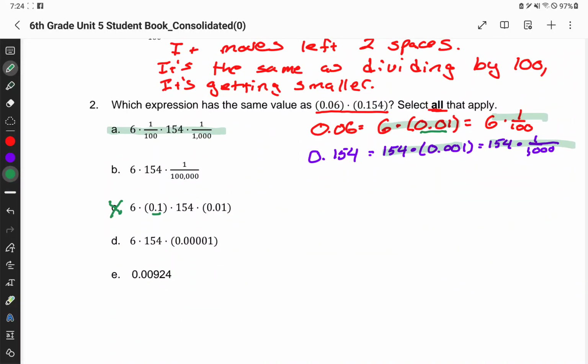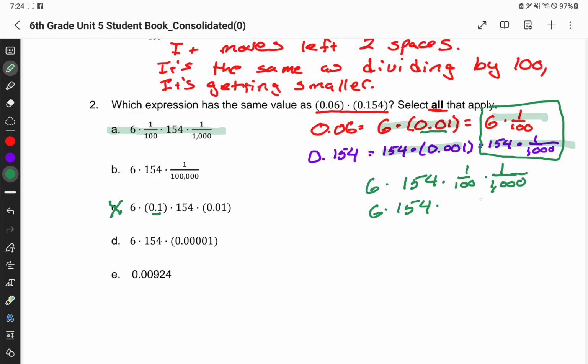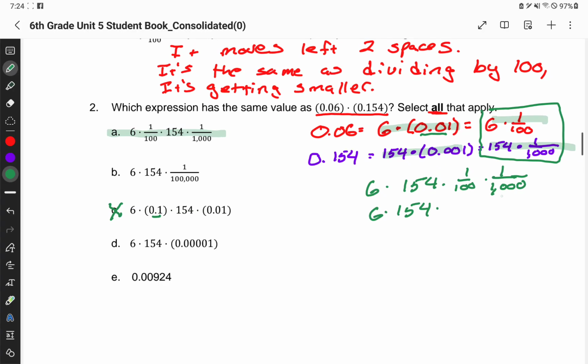We can rewrite this part here as 6 times 154 times 1 over 100 times 1 over 1,000. 6 times 154 stays the same. 100 times 1,000, that's 1, 2, 3 zeros, 4, 5 zeros, so that's 1 over 100,000. That's that choice.